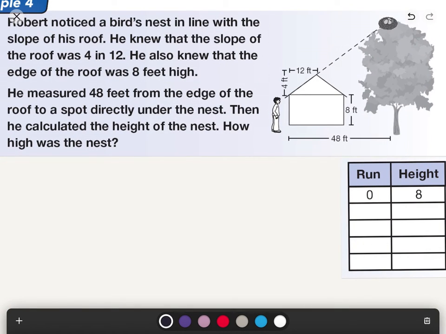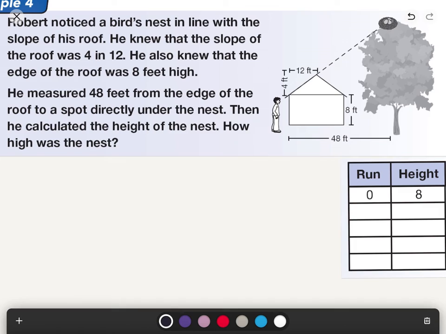So, this gets interesting. Robert noticed a bird's nest in line with the slope of his roof. He knew that the slope of the roof was 4 in 12. Well, essentially, if we're going unit by unit, that'd be a slope of 3, but we don't need to think like that necessarily.